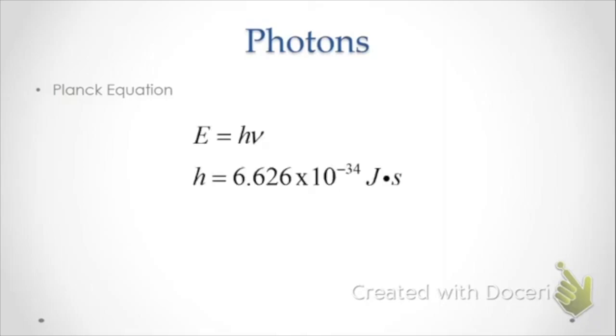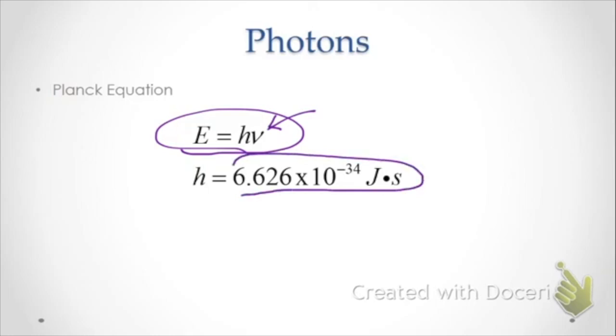And so this led to the Planck equation, which you've no doubt seen before, of E equals h nu, nu being the frequency of the light, and h being what we now call Planck's constant, which is a very, very small number, but it is the proportionality constant to determine the energy of the wave at a particular frequency.